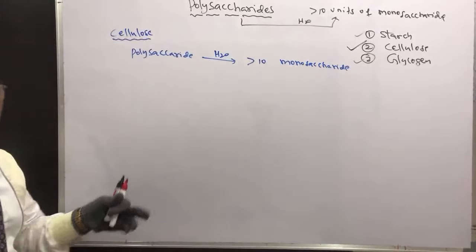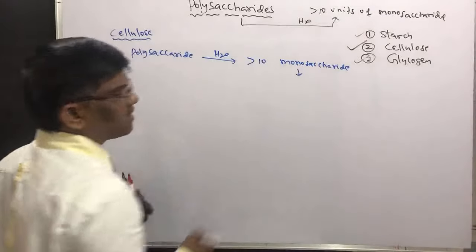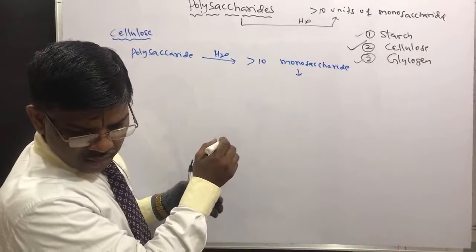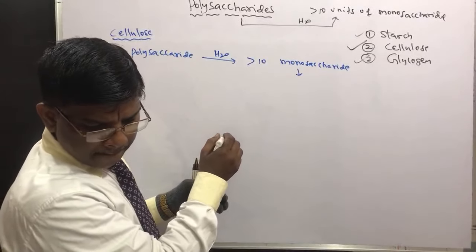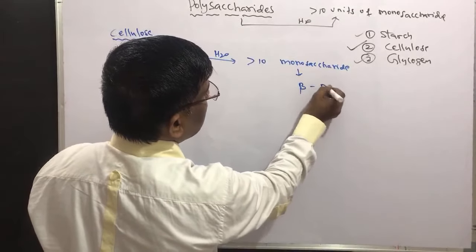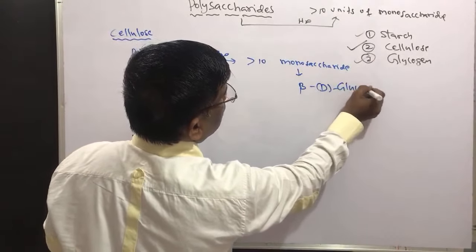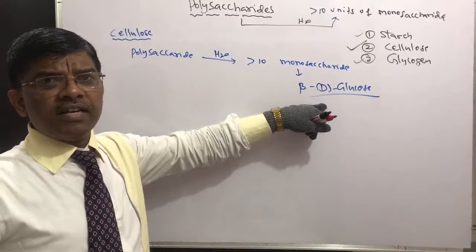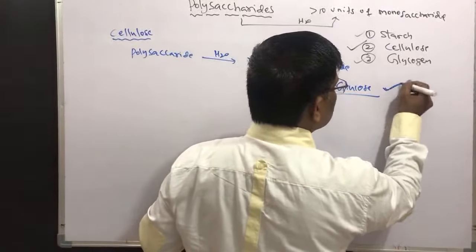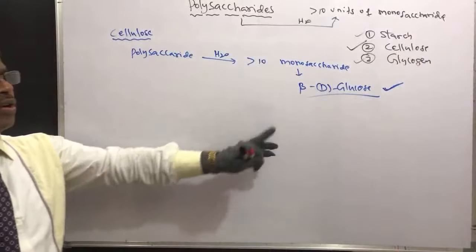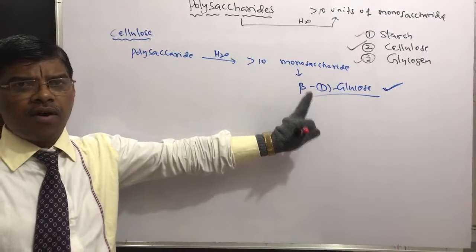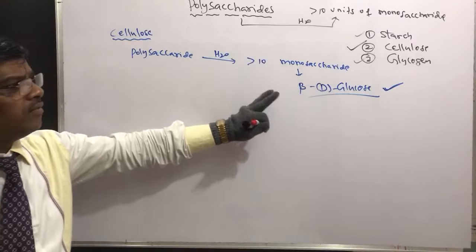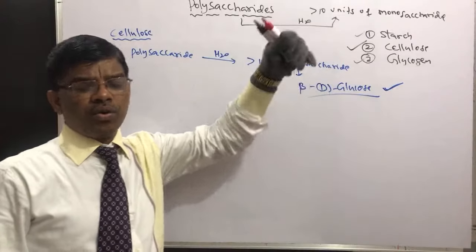The structure of this monosaccharide observed upon hydrolysis of cellulose is found to be beta D glucose. That is why most of the glucose exists in the beta form, beta D glucose.